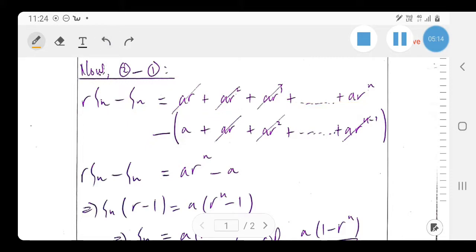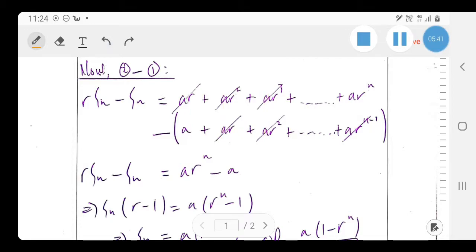Now, what you need to first realize is that RSn, that expression, has just as many terms as are in the expression for Sn, which means they line up in columns. All of the terms line up in columns, and there won't be any leftovers.